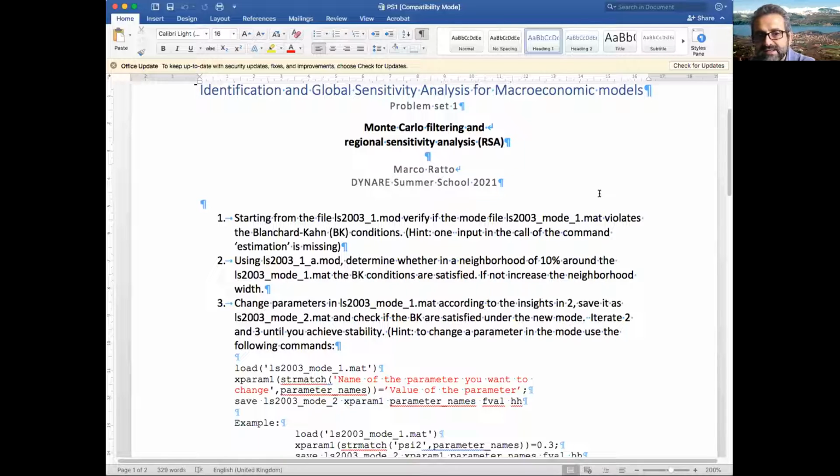There are a number of files that bring you, for example, to a Blanchard-Kahn violation, and maybe also some errors in the code. And then there are variants. The first is a Blanchard-Kahn violation. Then determine whether in a neighborhood of 10% around that special mode the Blanchard-Kahn conditions are satisfied, or vice versa, increase the neighborhood.